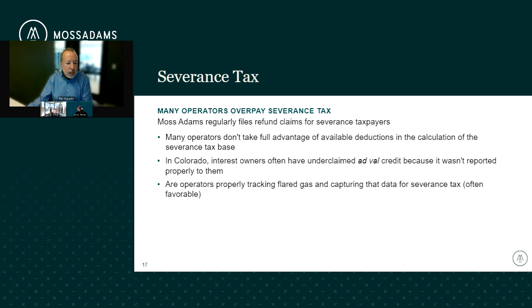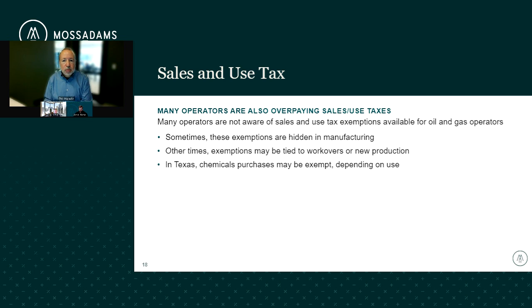In the sales and use tax arena, again, this is just an issue of many taxpayers overpaying, and it's often the case of not realizing what exemptions you're eligible for. Sometimes these are hidden in the manufacturing exemption, depending on the state. Other exemptions may be tied to workovers and new production.